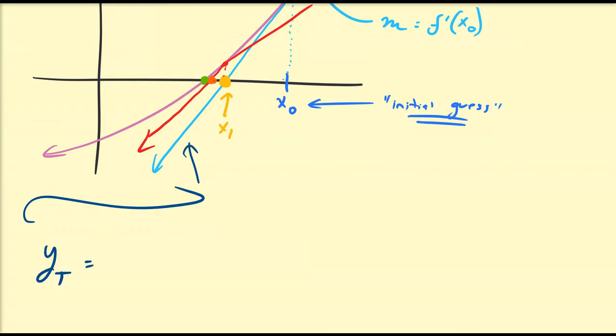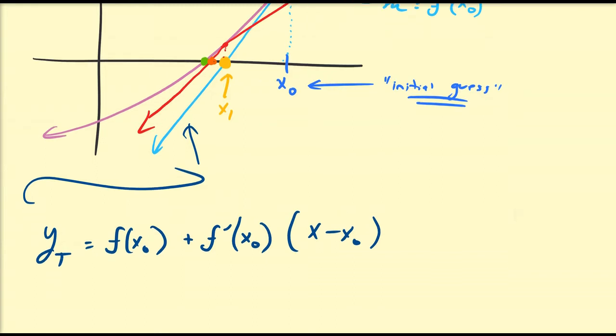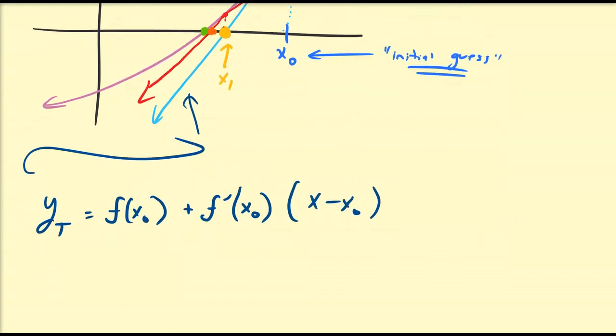We know the point-slope form of an equation, using the information that we've been given, is going to be f of x0 plus f prime of x0 times x minus x0. This is like y minus y0 is equal to m times x minus x0, pretty much that structure. Our goal is to find x1, which is the x-intercept of this line.